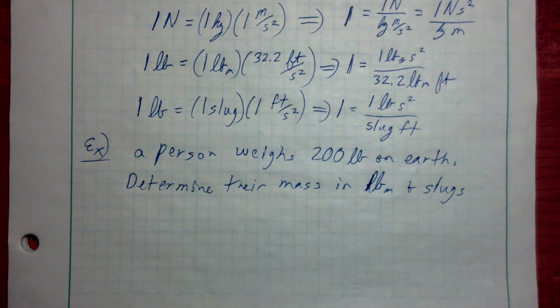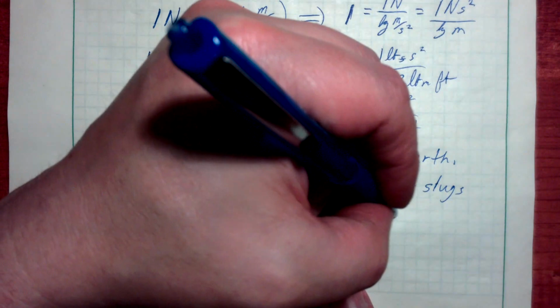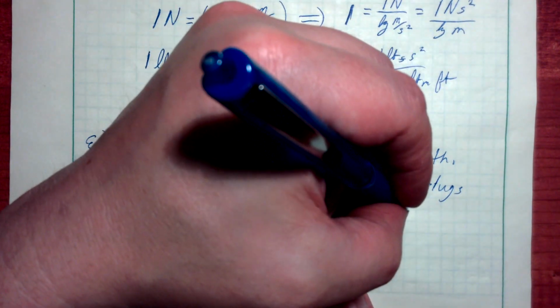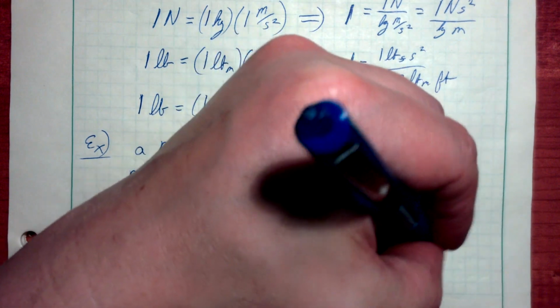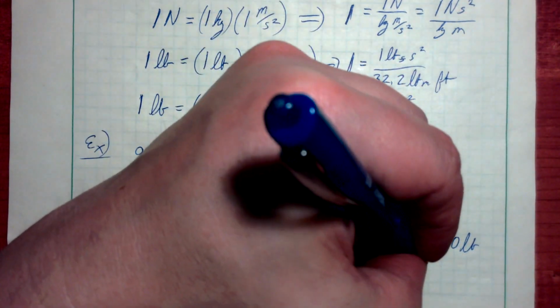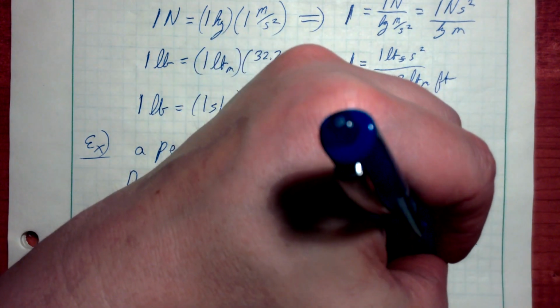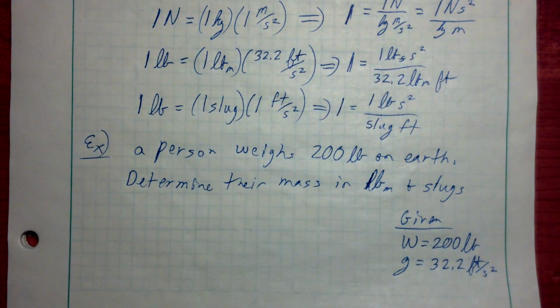Right? In any other planet, of course, it's going to have a different lowercase g, but on Earth, g, because they've given me the weight, 200 pounds, and I'm on Earth, so gravity in the English system is about 32.2 feet per second squared, because they told me I'm on Earth, so that's given information, or I can make that as an assumption.